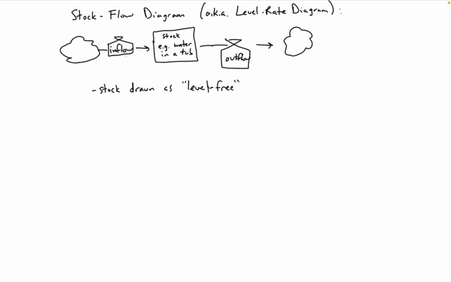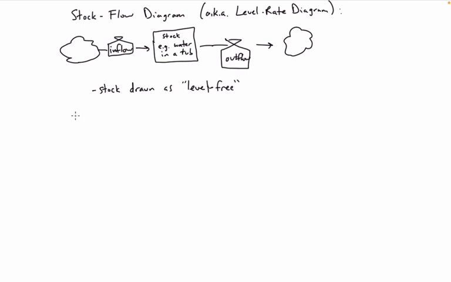So if we were to turn off the outflow, not allow any water to leave, the stock will increase and get higher. If we were to turn off the inflow, the water would stay the same if the outflow is blocked. But if we open the drain, the water will go out, right? So we can use this diagram to think about the stock going up or down, or staying the same.